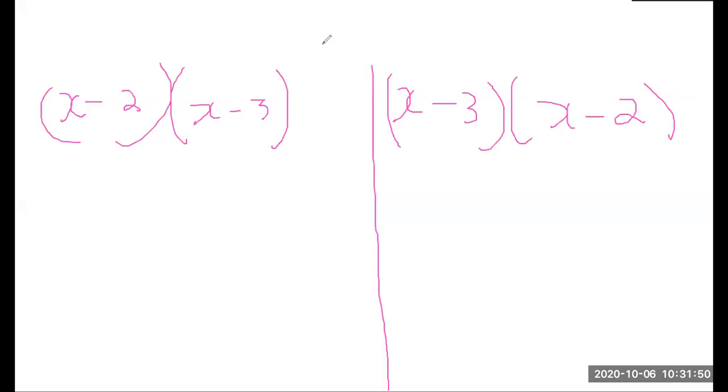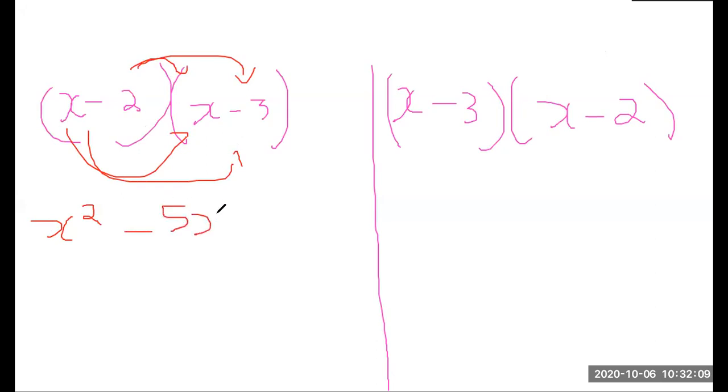All right, so let's do the distributive property. Bam, bam. So we end up with x squared, and I'm just going to write the answer because I'm going to do the mental math for this: -5x plus 6. And then this one gives me x squared minus 5x plus 6.